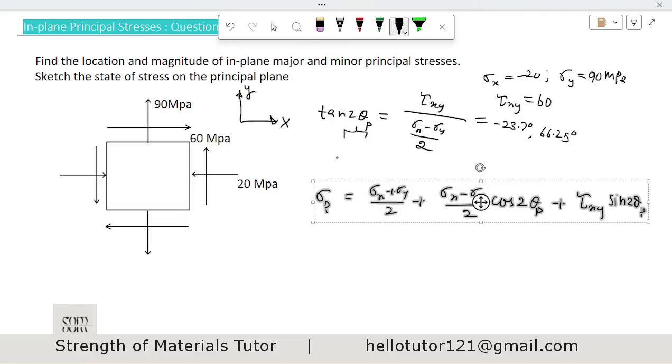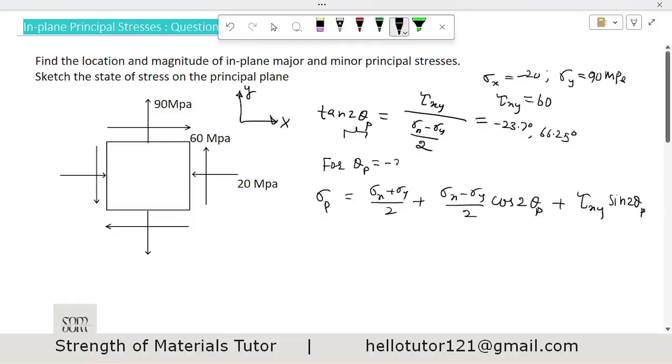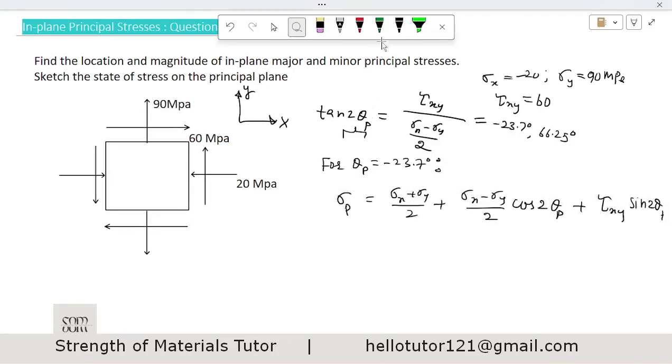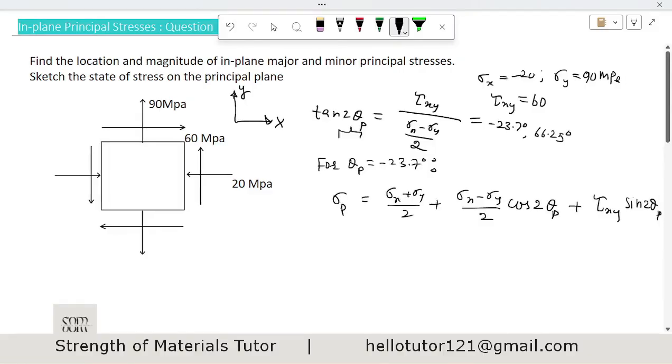Now for theta p, let us use this angle first, minus 23.7 degrees. For this theta p we will find the stress sigma p. Let me use the calculator.